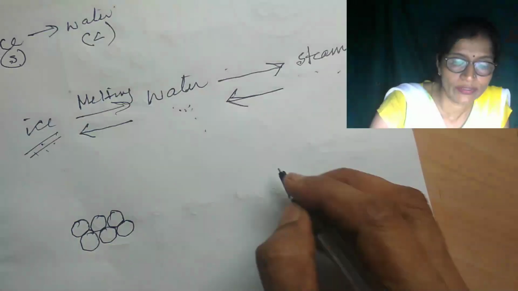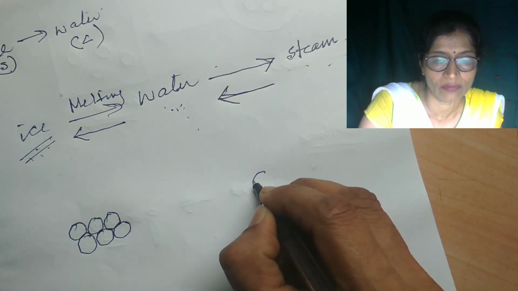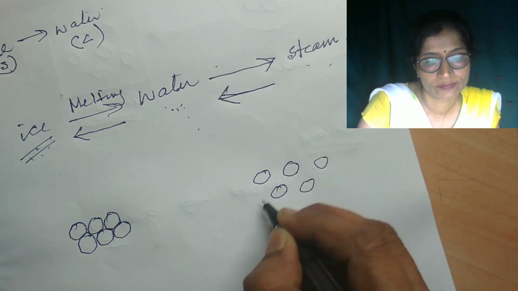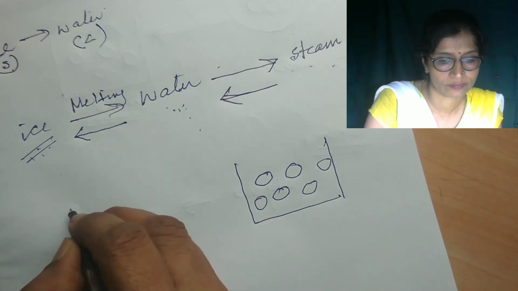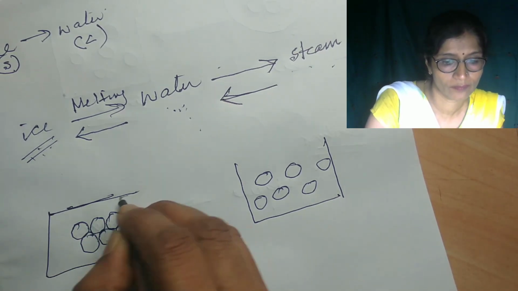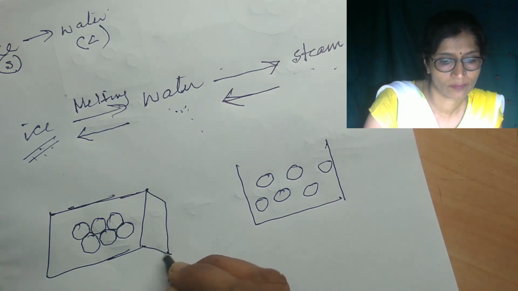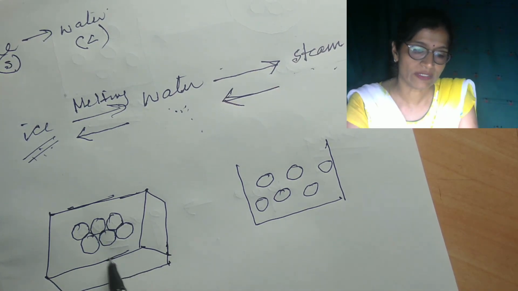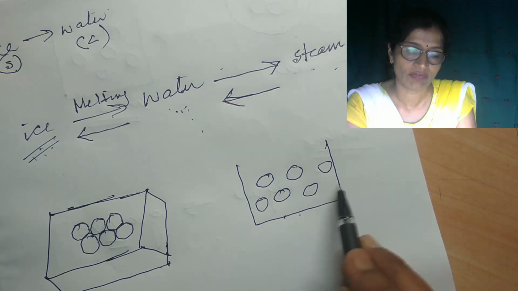And when the substance is in the liquid state, the particles are far apart within the container. So here the particles are very close to each other, but here the particles are far apart.